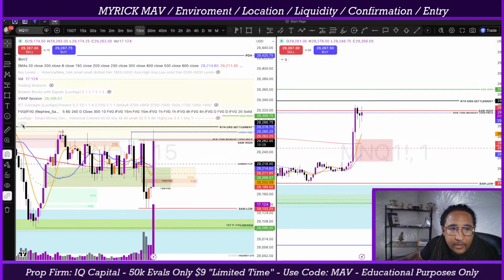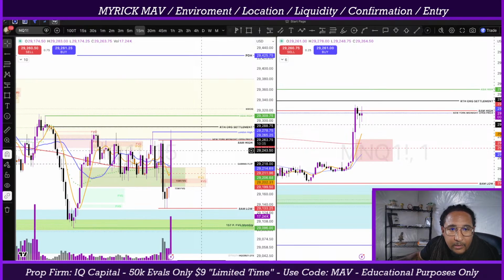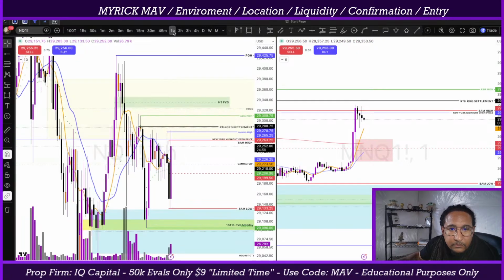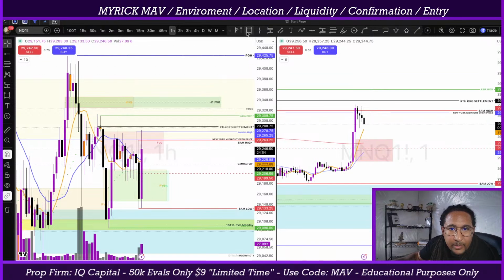So I'm looking to see if we got any higher time frame inefficiencies that we can look off of. So we have a 1 hour here. This has been an area of rejection.